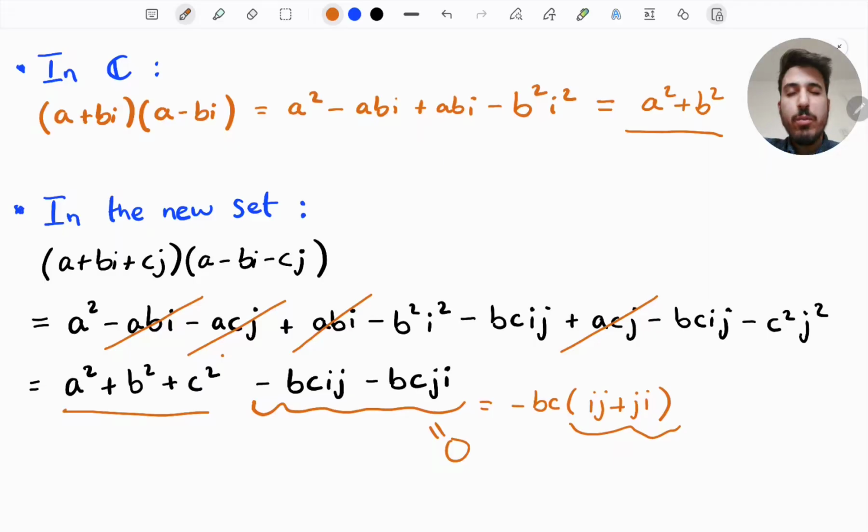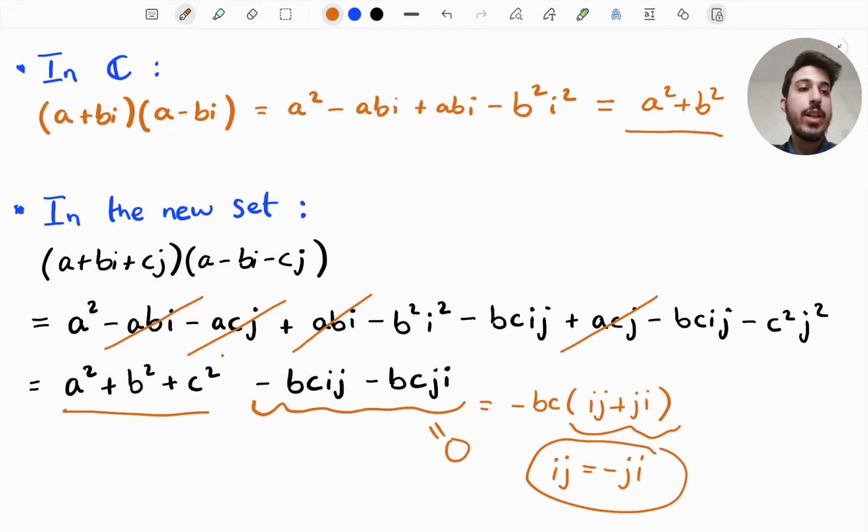So we really want to say that ij is equal to minus ji, for this formula to be beautiful, for us to have a norm that makes sense in this new set. So this is in fact what we're putting: we invent j as well, but also put a relation between i and j, which says that ij is equal to minus ji.